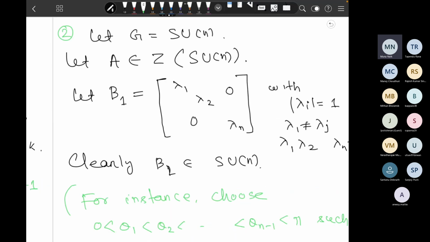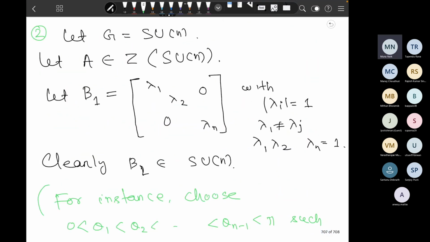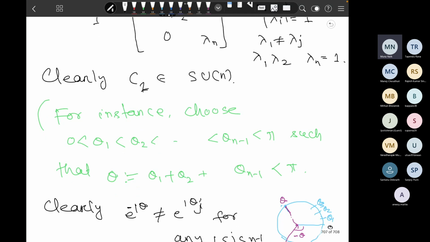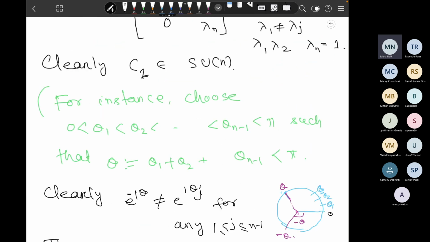So I have to change this. What I am saying is that you take this as C1, I am just changing this notation a little bit.